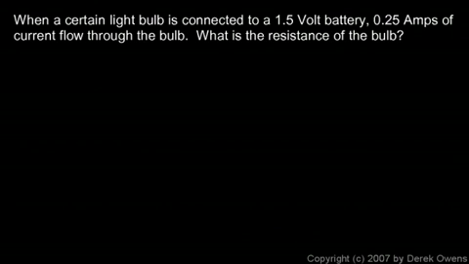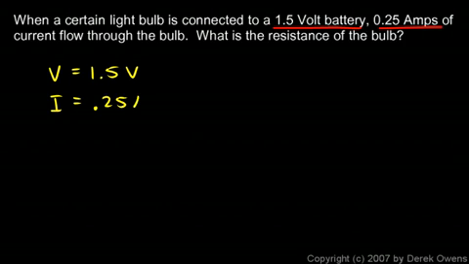And one more: when a certain light bulb is connected to a 1.5 volt battery, so that's our voltage, V is 1.5 volts, 0.25 amps of current flow through the bulb, so that's the current, I is 0.25 amps. What is the resistance?